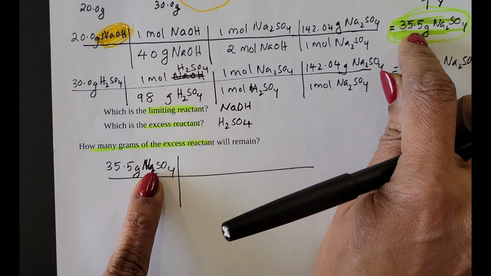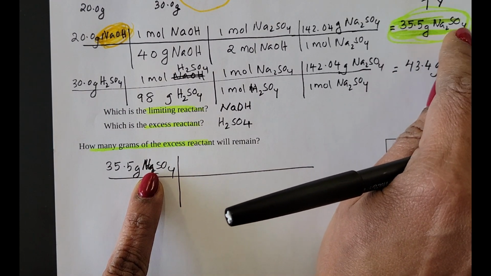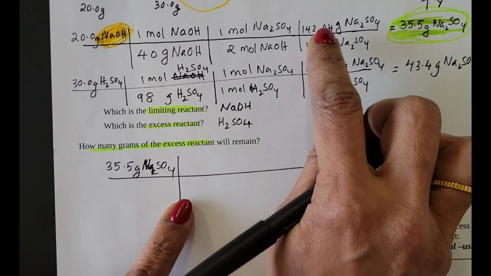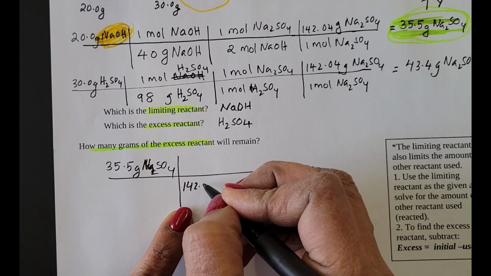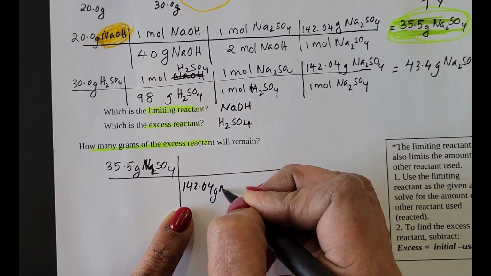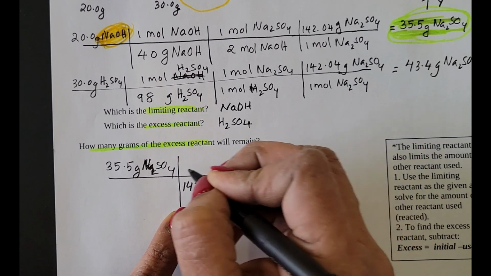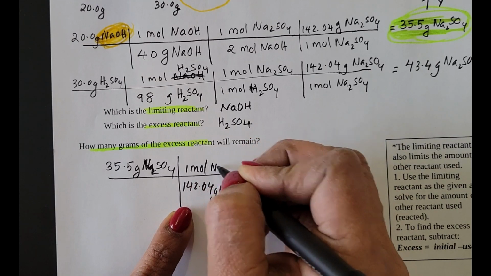So 35.5 gram of sodium sulfate. Then what is the molar mass? 142.04 gram of sodium sulfate is 1 mole of sodium sulfate.